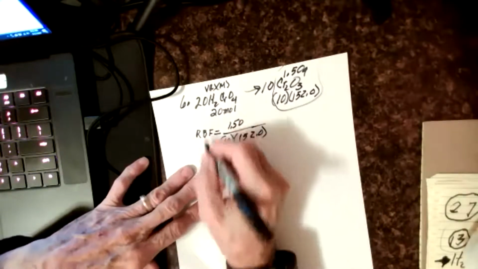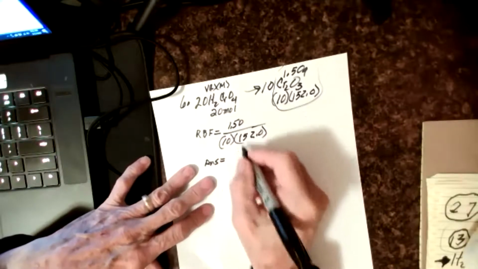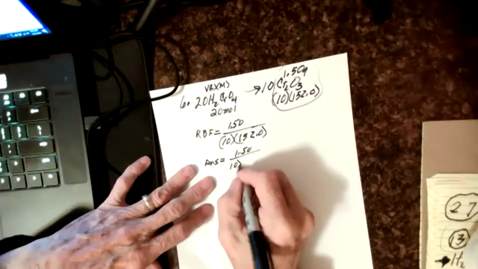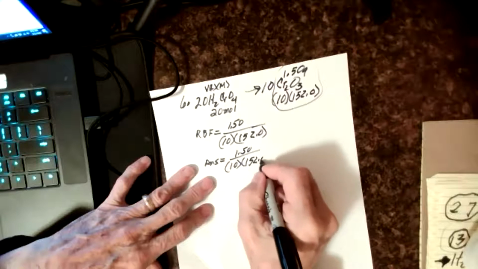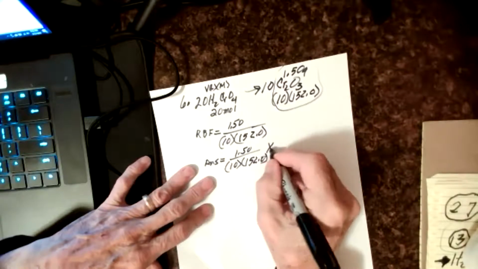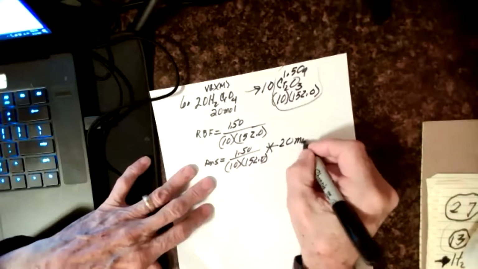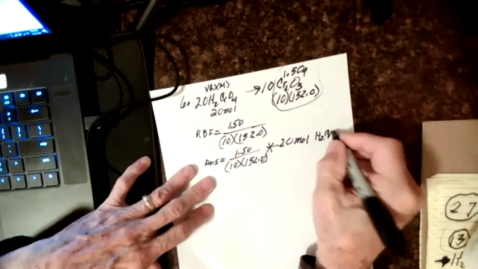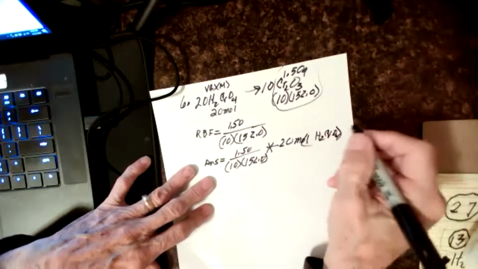And my answer in moles is going to be the rebalancing factor, 1.5 divided by 10 divided by 152 and multiplied by 20. And now I'll get moles of the H2CrO4, chromic acid.